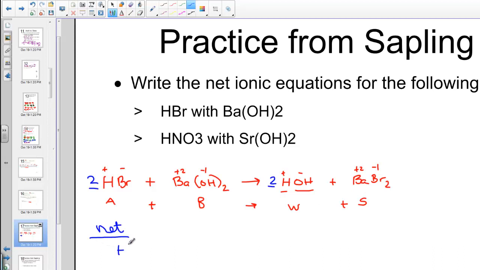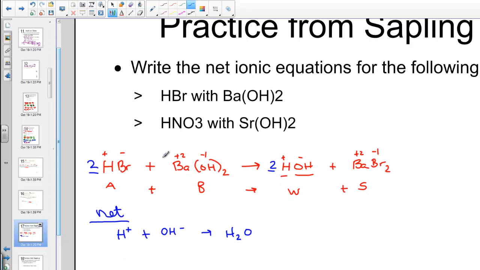And so we can simply show the acid proton combining with the base hydroxide forming water. And the reason I eliminated the 2 to 2 to 2 on our coefficients here, we had 2 acids, 2 bases, and 2 waters. We're just going to write that in the lowest ratio possible.